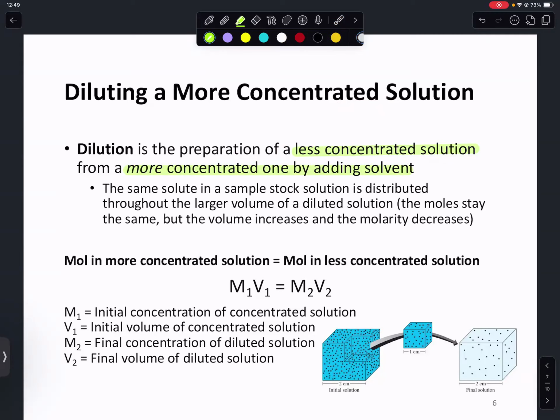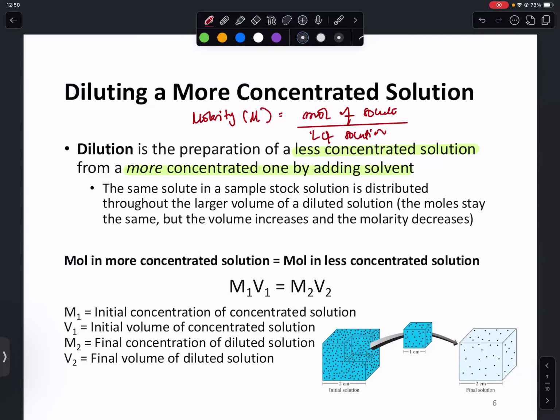The most important thing to focus on in dilution is that the number of moles of the substance stays the same; just the volume increases. We can look at molarity, M, which equals moles of solute divided by liters of solution, which is the volume.